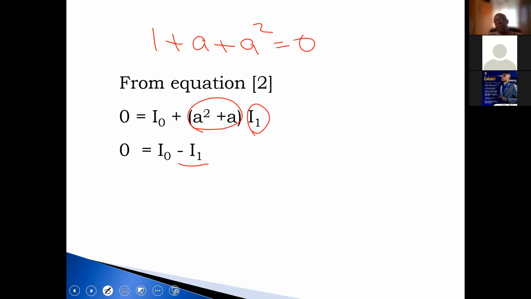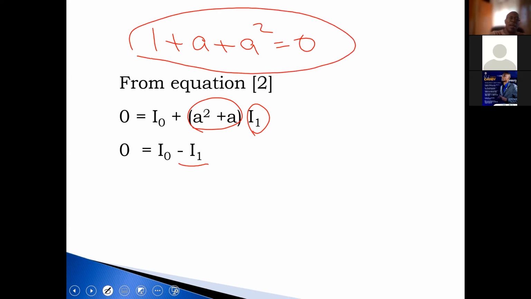All right, so that's a relationship that you need to bear in mind. You can test it in your own time. So A squared plus A would be equal to minus 1.